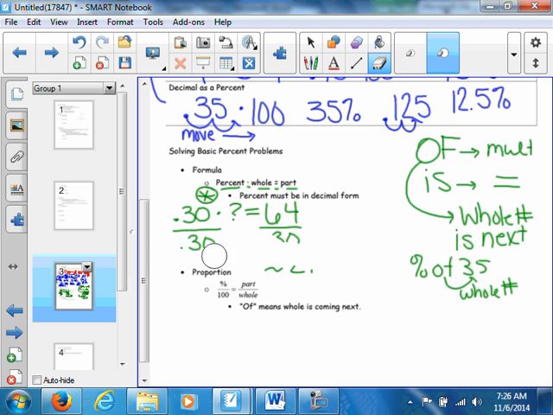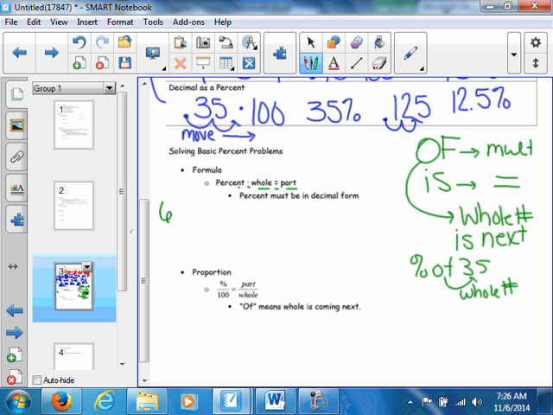Okay? 60% of what number? Oh, of 40, sorry. Equals, is what number. So then I'm just going to do straight up multiplying. 0.6 times 40, or 60 hundredths times 40 equals 24. Okay? Substituting in for the equation.